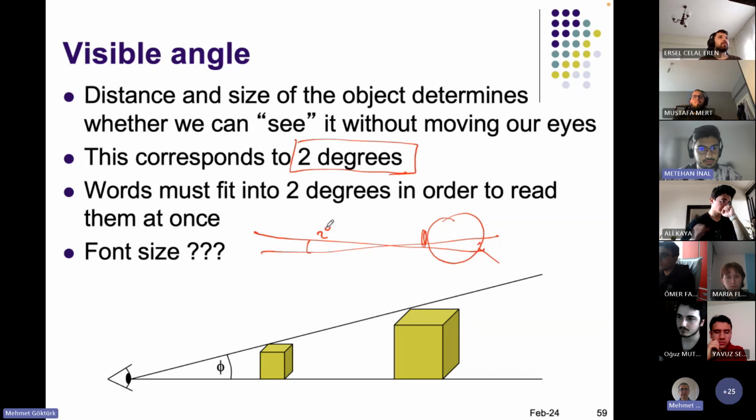So anything in 2 degrees is visible. This is highly related to the font size that we have to use, because without moving our eyes, only 2 degrees is visible.